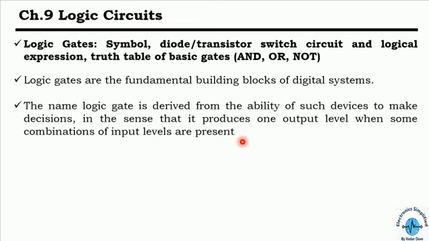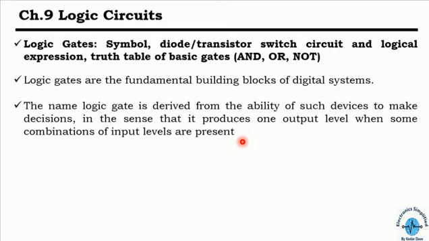Either we provide 0 or we provide 1, and for better understanding, we can take 0 as representing 0 volts and 1 as representing 5 volts. So 1 is high and the other is low.